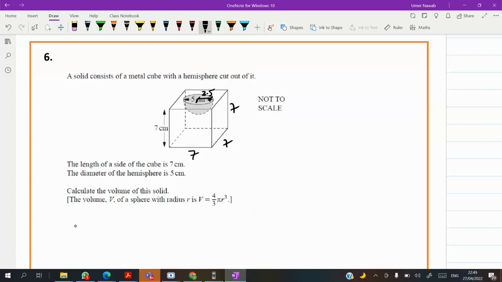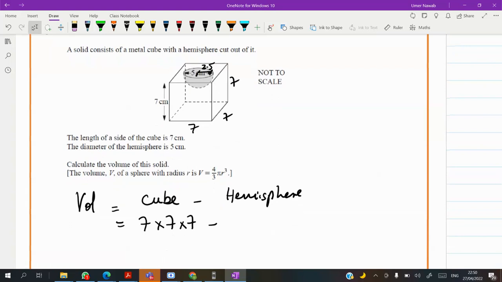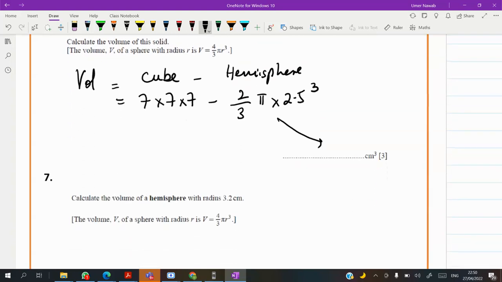So the volume of the solid is cube minus hemisphere. The cube is 7 times 7 times 7, and the hemisphere is 2 over 3 pi, radius 2.5 raised to the power 3, and then you get your final answer.